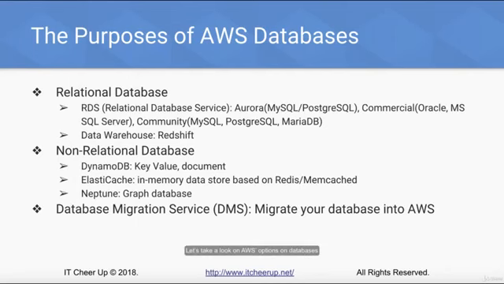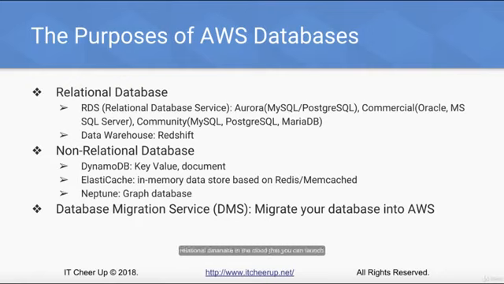Let's take a look at AWS options on databases. AWS supports both relational and non-relational databases. On the relational side, there's Relational Database Service (RDS) and the data warehouse Redshift.